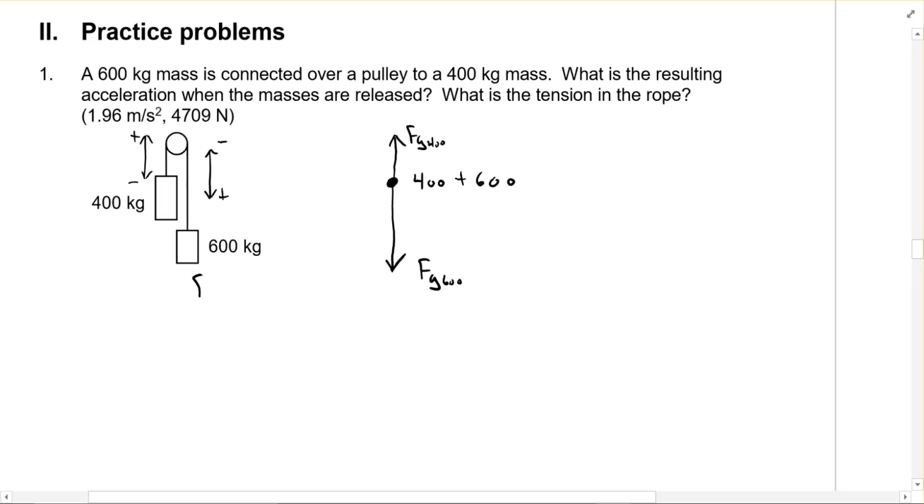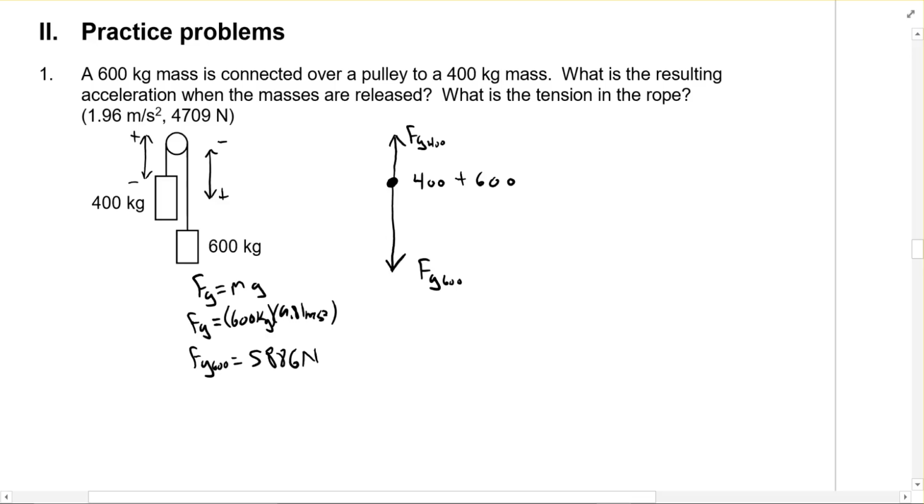So let's figure out what the force of gravity was in both of those. Fg here for this one is going to be mass times gravity. So Fg would be 600 kilograms times 9.81 meters per second squared. Fg for the 600 is going to be 5,886 newtons.